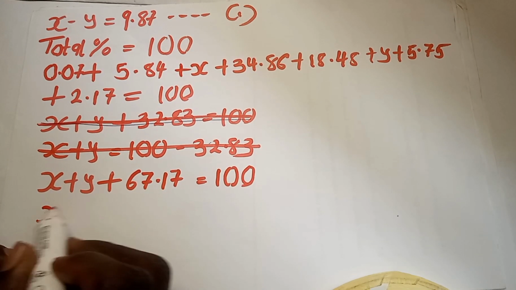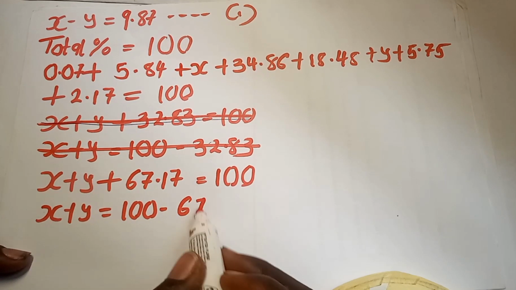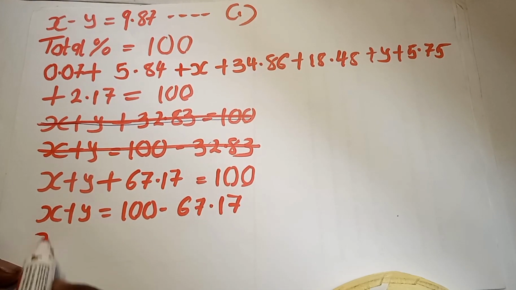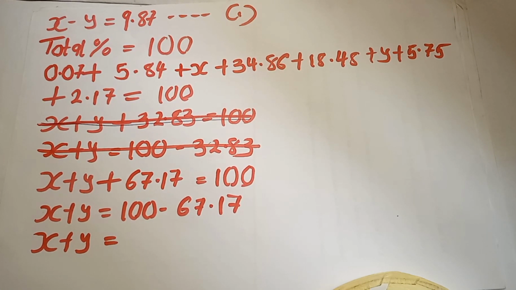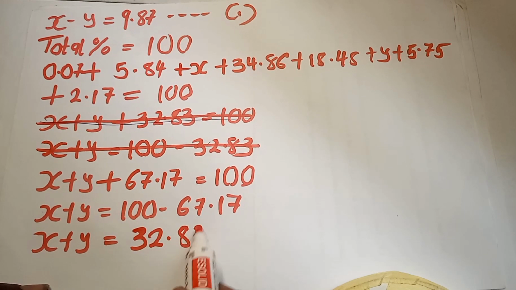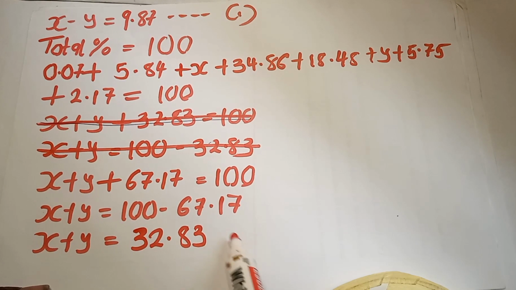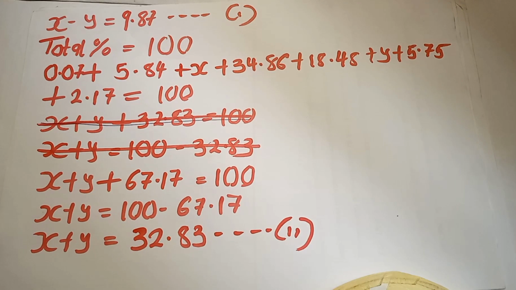We're going to be having x plus y equals 100 minus 67.17, so x plus y equals 32.83. You can call this equation 2.